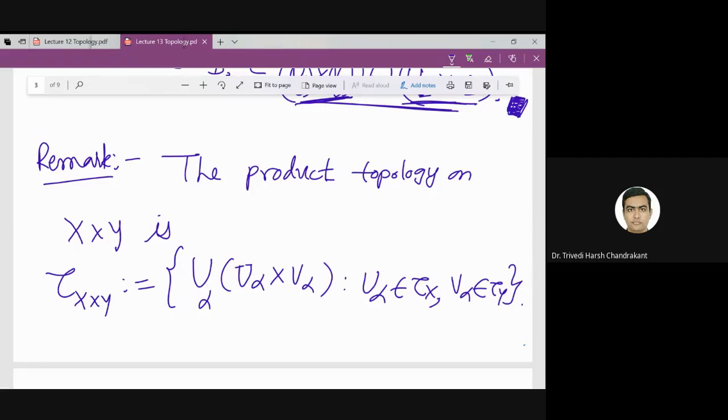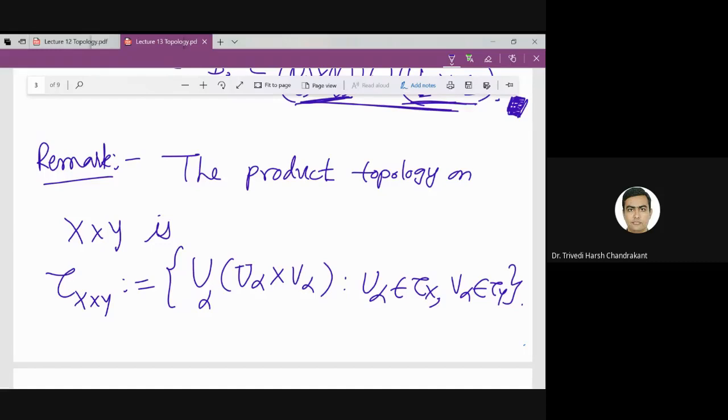So what we have done is we have taken the open sets and discussed the topology generated by those open sets, taking the cross product of open sets.